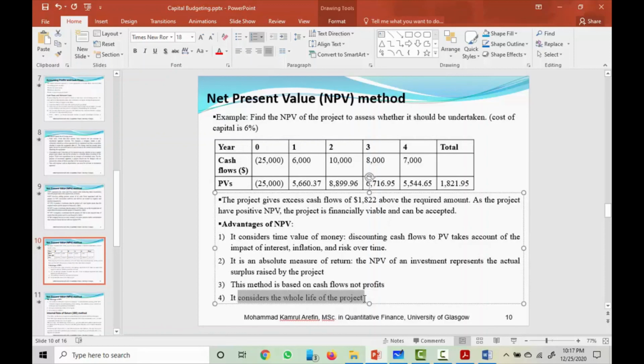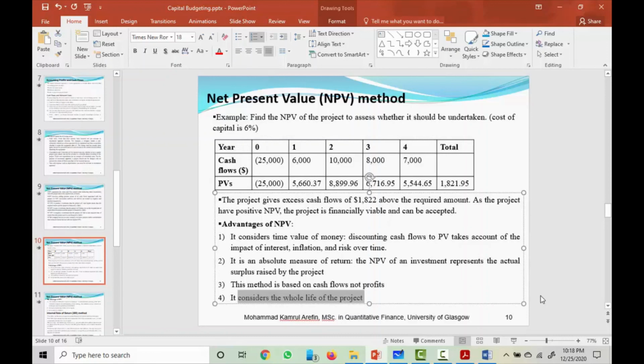It considers the whole life of the project, another major advantage. As I said before, the limitation of the payback period method is that we just consider how quickly we get the payback. After the payback period, whatever cash flows we get from the project, we ignore them.